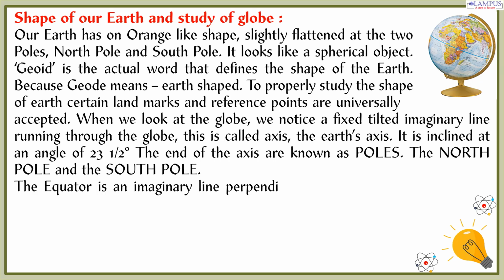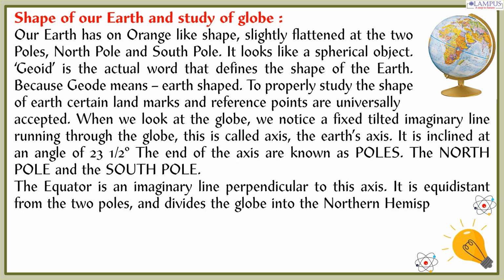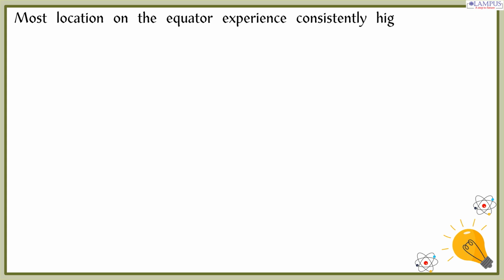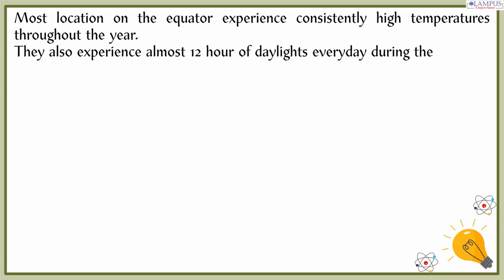The equator is an imaginary line perpendicular to this axis. It is equidistant from the 2 poles, and divides the globe into the northern hemisphere and the southern hemisphere. Most locations on the equator experience consistently high temperatures throughout the year. They also experience almost 12 hours of daylight every day during the year.